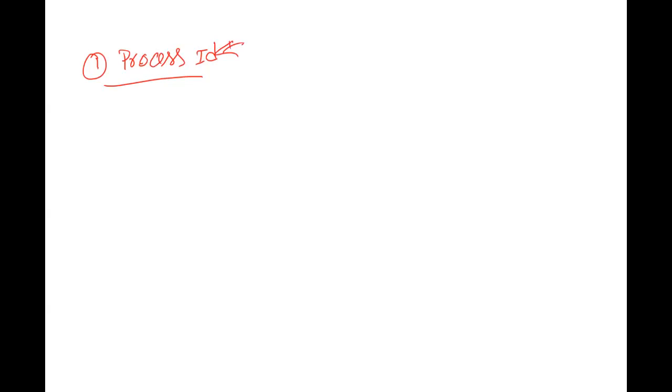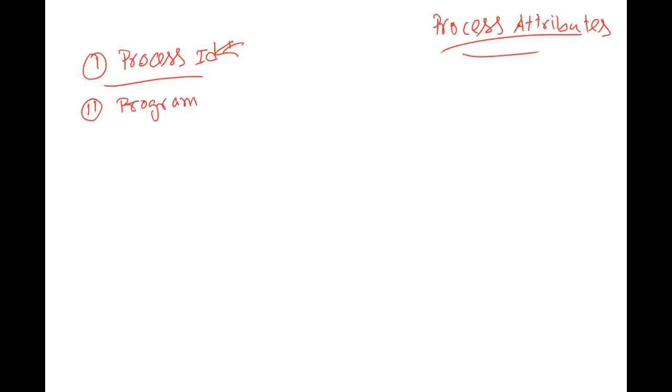Another thing is the program counter. These are all process attributes. Let me write them here. First is the process ID, and then the program counter. So what is the program counter?